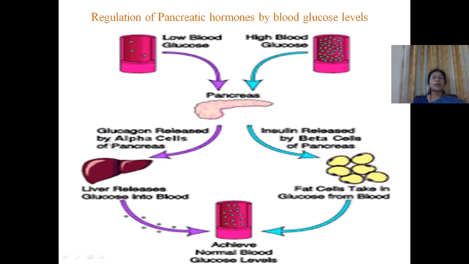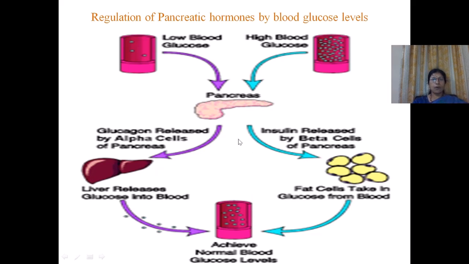Then glucagon is released by alpha cells of the pancreas. With that, the liver releases glucose into the blood. That means glycogenolysis happens and glucose is released into the blood to achieve normal blood glucose levels.